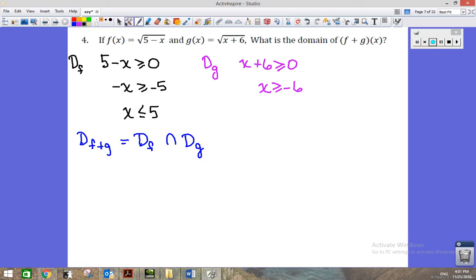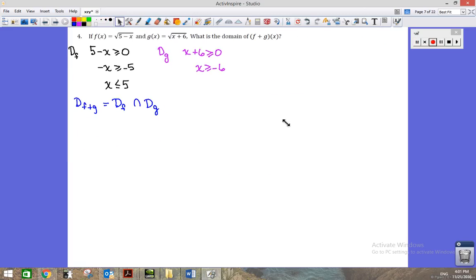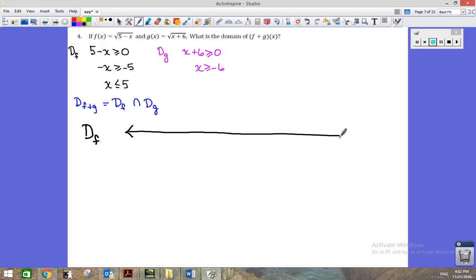Alright, so let's draw a number line. Well, let's draw 3 number lines. One for f, one for g, and one for our answer, the domain of f plus g. So let's keep this domain of f in black. The numbers of interest are 5 and -6, and -6 is to the left of 5.